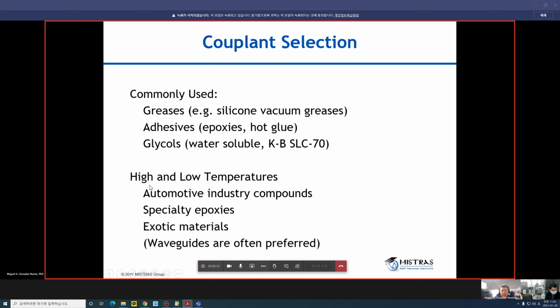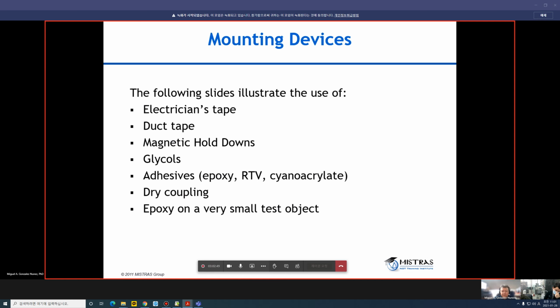Then we have high and low temperatures, like in the automotive industry compounds, specialty epoxies, exotic materials, waveguides that are often preferred when you have high temperature application. In the following slide, we also illustrate the use of the electrician tape, block tape, magnetic hold downs, glycols, adhesives, dry coupling, and epoxy on a very small test subject.